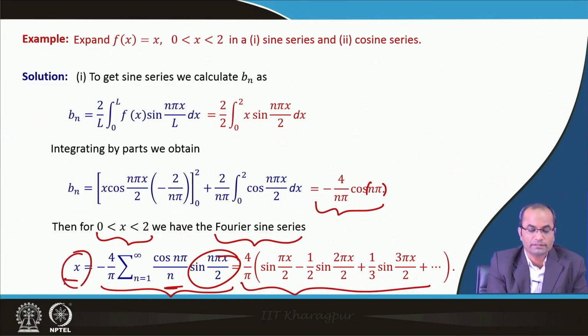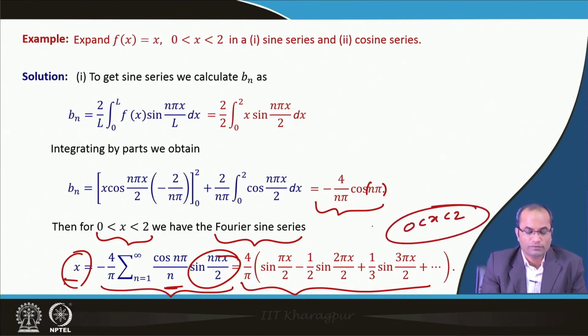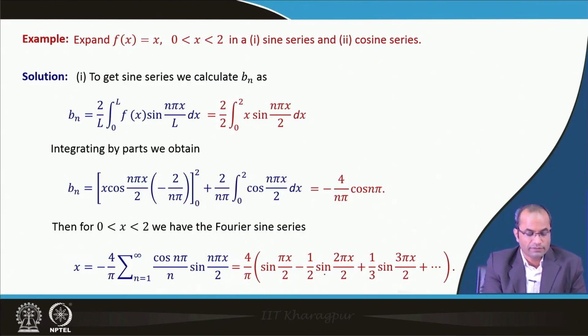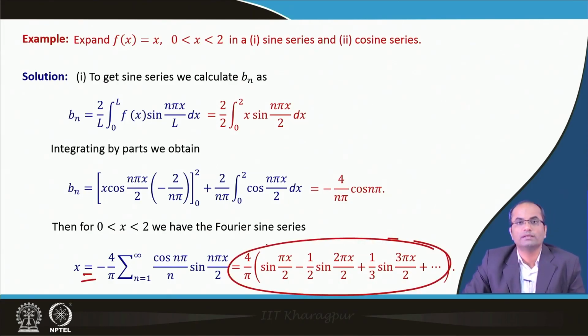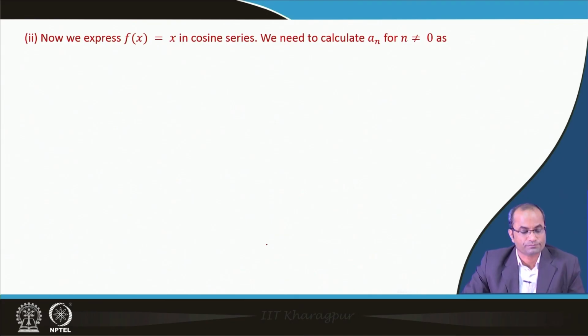We have the equality in the interval 0 to 2. This series will converge, because we know this result from the Dirichlet theorem, that at the points where it is continuous it will be equal to exactly the function x there. So, we have x equal to this series which has purely sine terms.